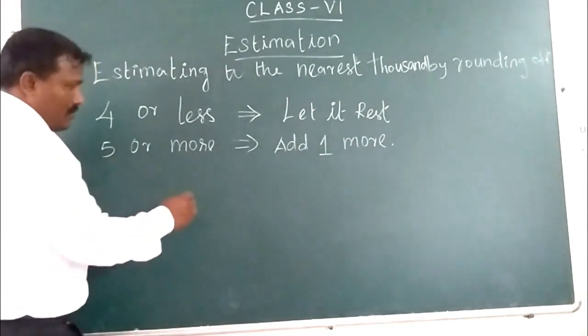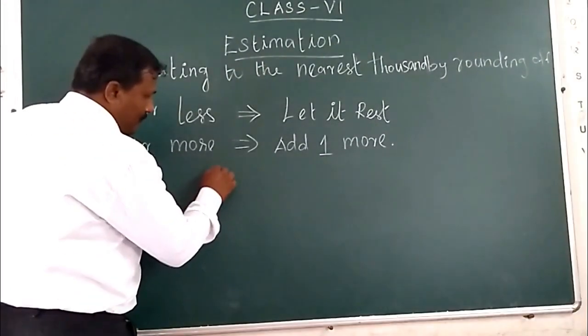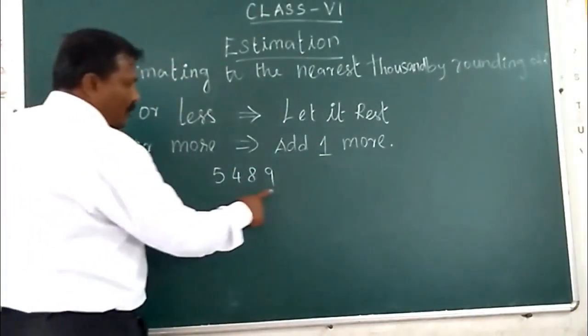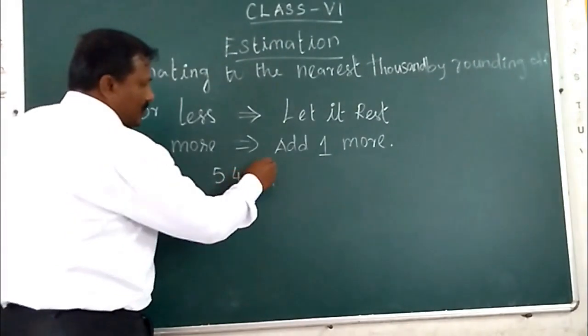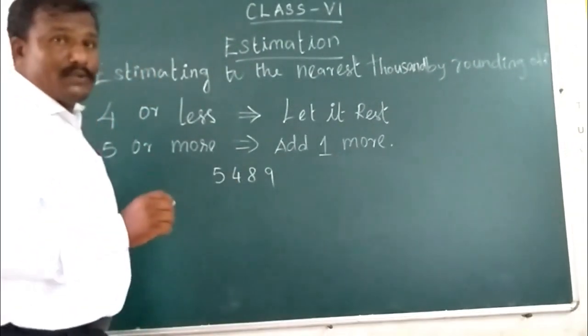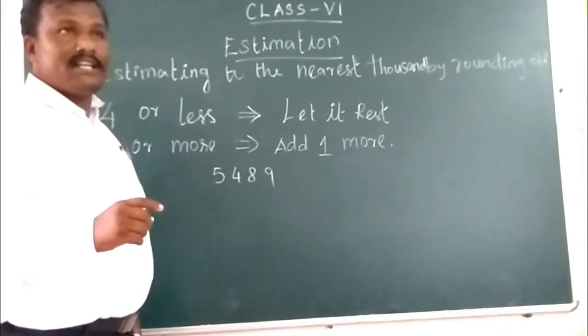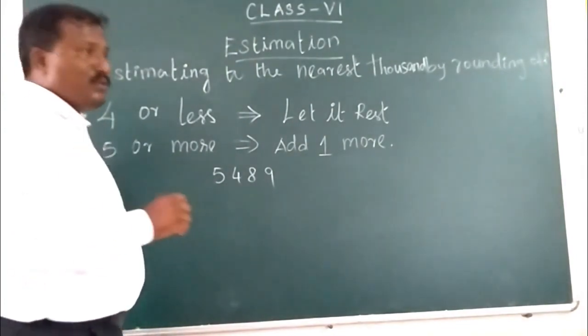So I will take the example 5489. Ones, tens, 100, 1000. The first step, as I already told you: whenever you round to the nearest 10, 100 or 1000, put the place values. That's the first step.